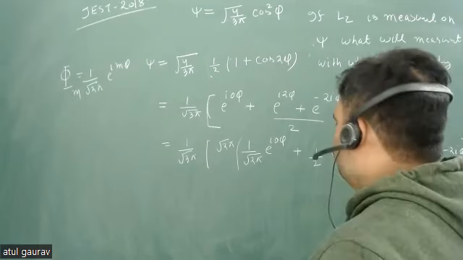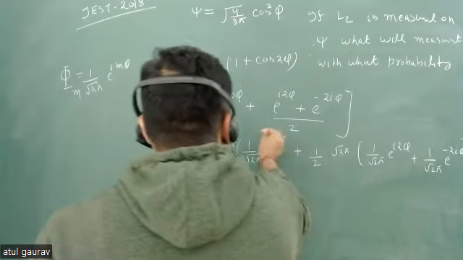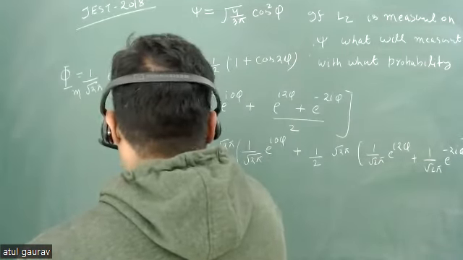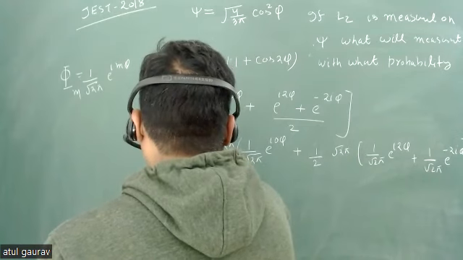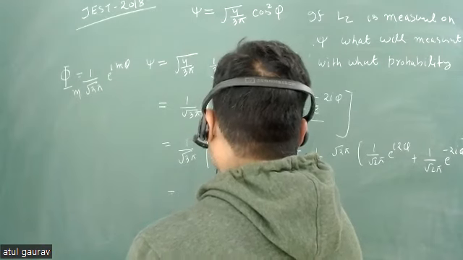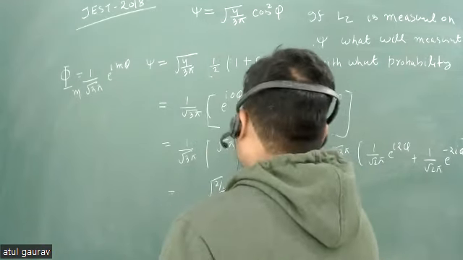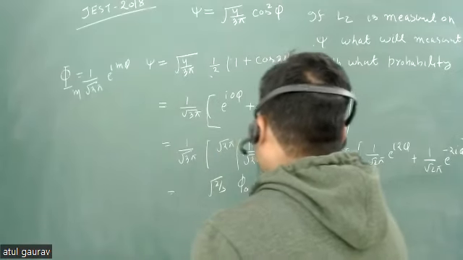Look at this beautiful problem. Now this whole thing, root 2 pi over root 3 pi, can be written as root 2 by 3, and this term can be written as phi 0, or if you want you can write it in capital form, that is Phi 0.